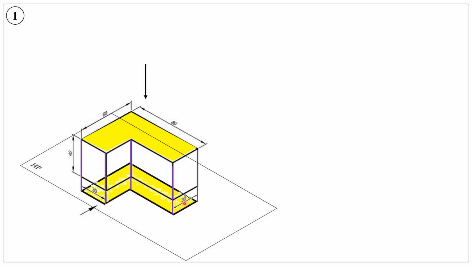So the yellow color geometry drawn on the horizontal plane is the top view. And notice this line is a projector. Similarly, this is also a projector.